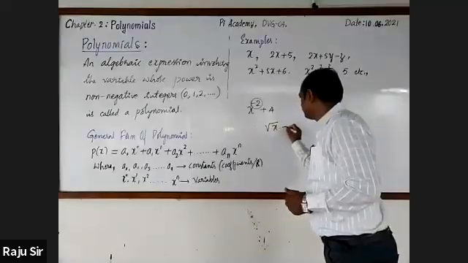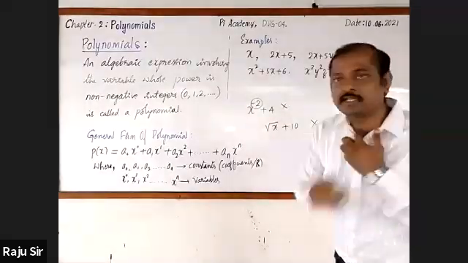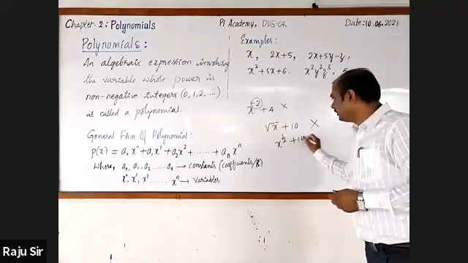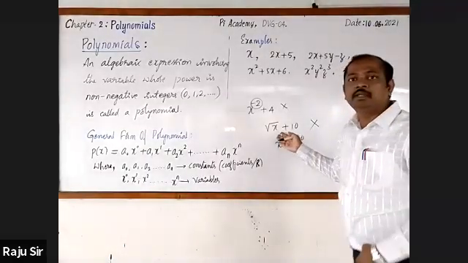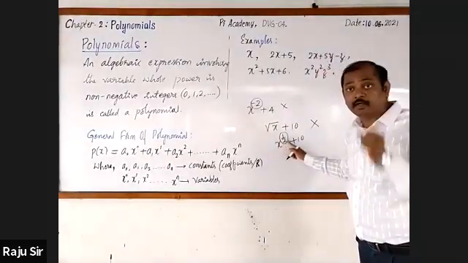Now you tell me, root x plus 10. Is it a polynomial? No, it is also not a polynomial. The reason is root x is nothing but x raised to the power 1 by 2 plus 10. See that power is in the form p by q. That is why it is also not a polynomial.